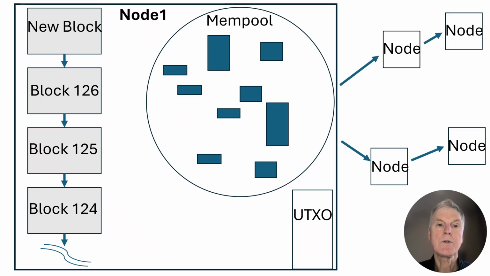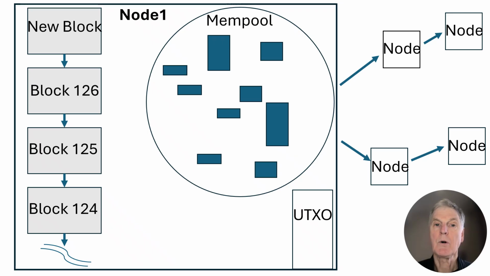These other nodes check the calculations, and if they agree that the target has been met and the block also passes a number of validity checks, will add the new block to their local copy of the blockchain and pass the block on to yet further nodes. In this way, the new block propagates through the Bitcoin network as the new top block.